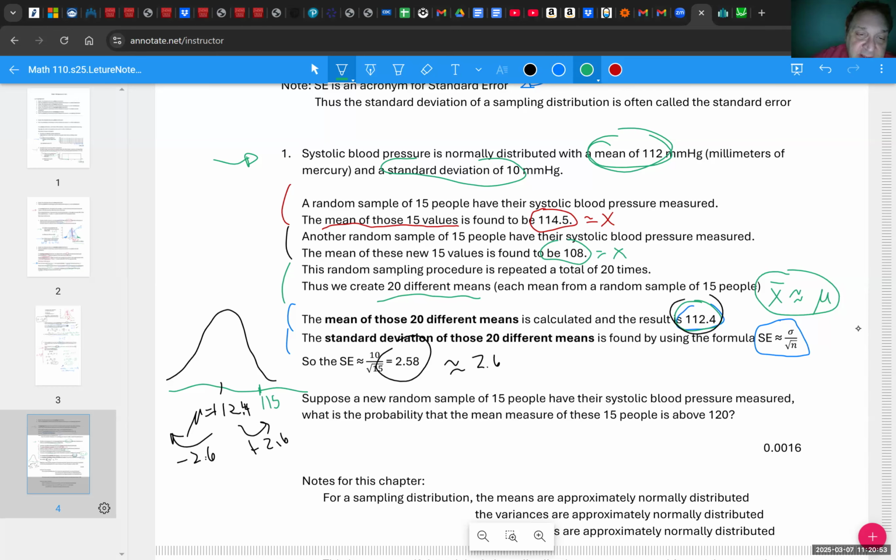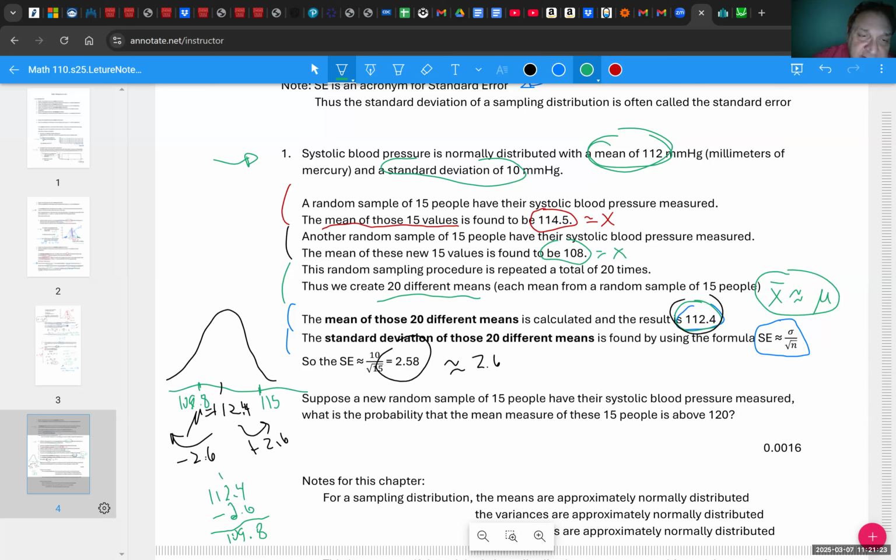And then if I take 112.4 and I subtract 2.6, it's harder for me to do subtraction in my head. So it looks like I got 109.8 if my math was right. 109.8 is over here.